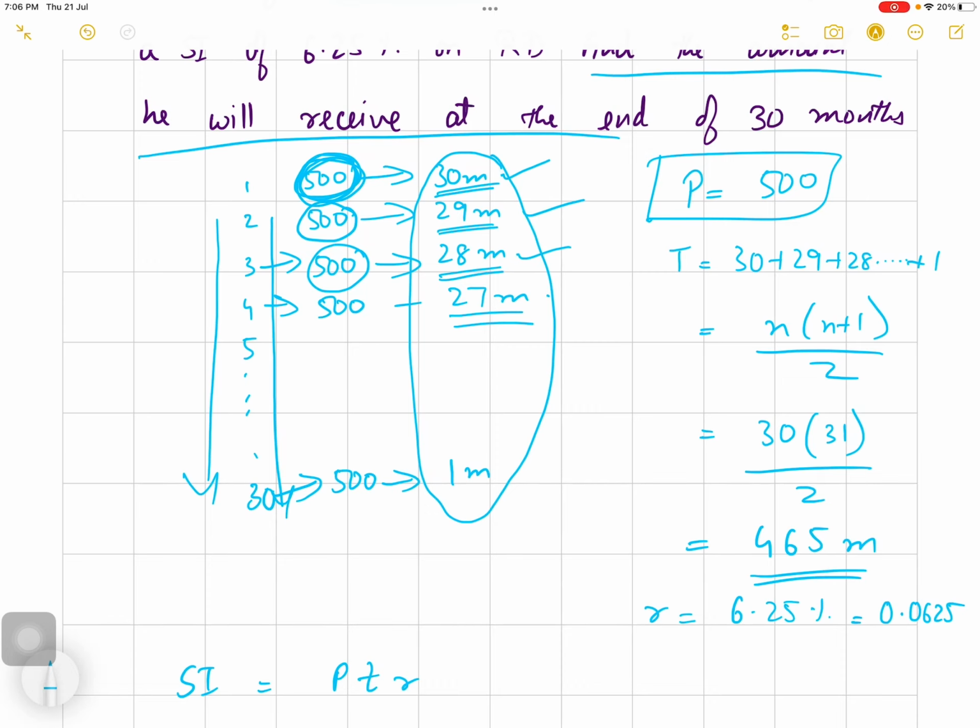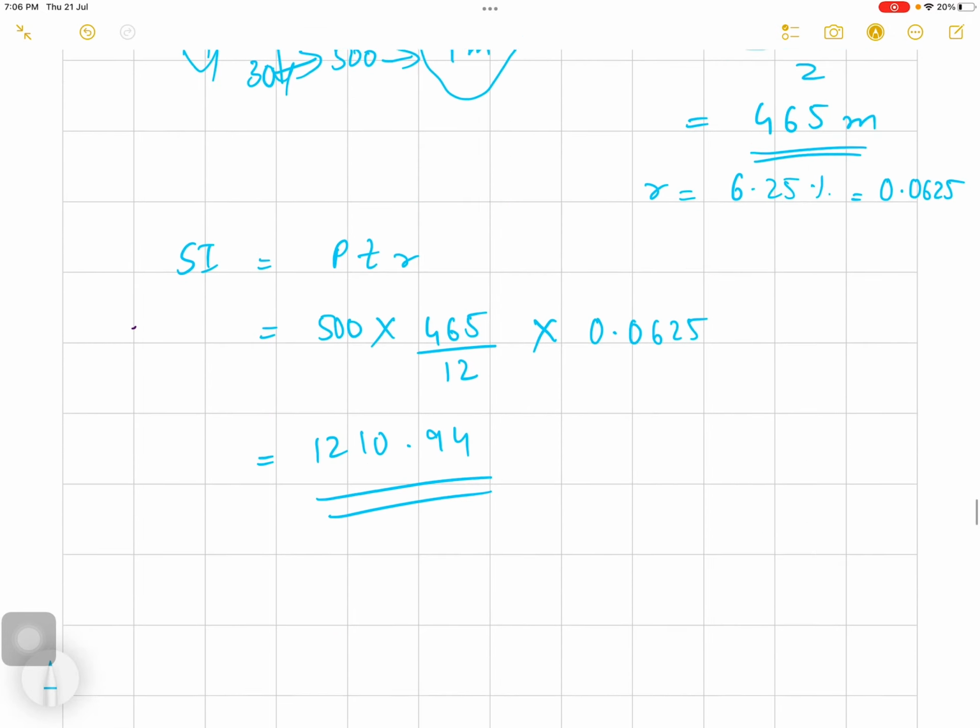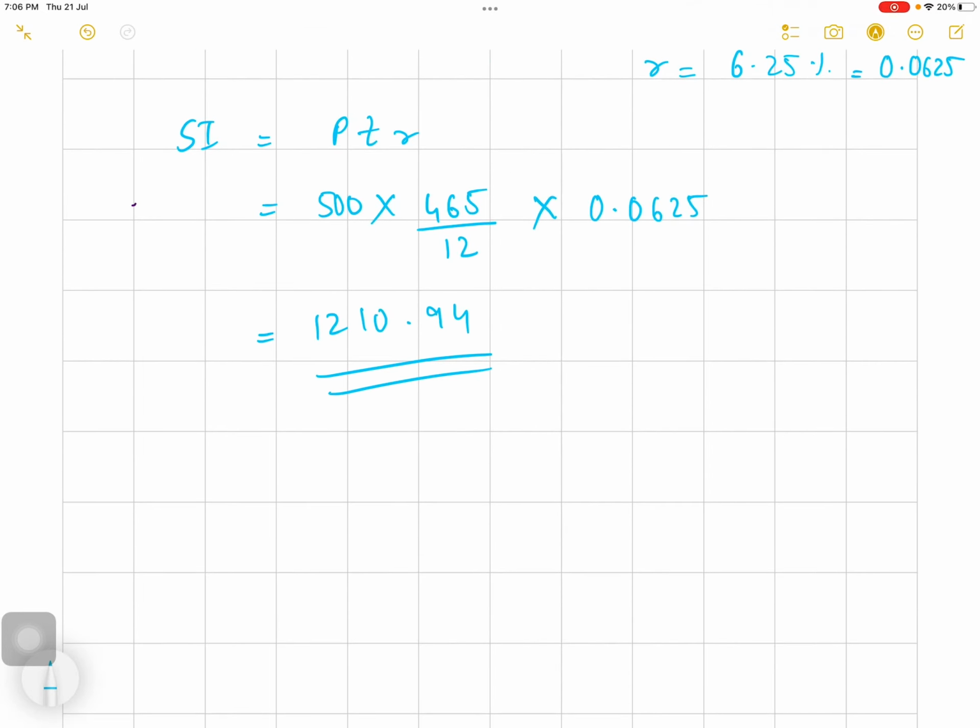The total deposit is 500 for 30 months. So 500 into 30, which is 15,000. So the total deposit is rupees 15,000.